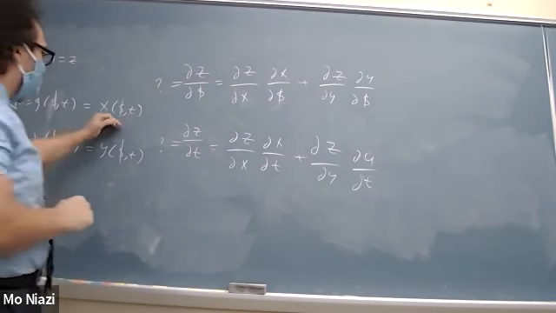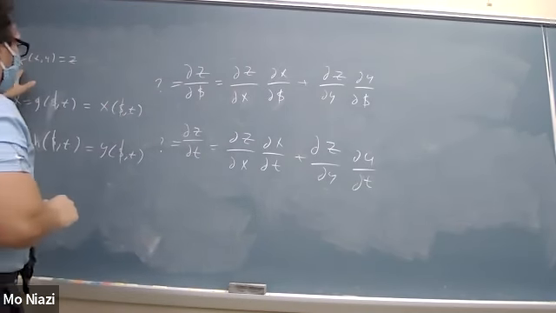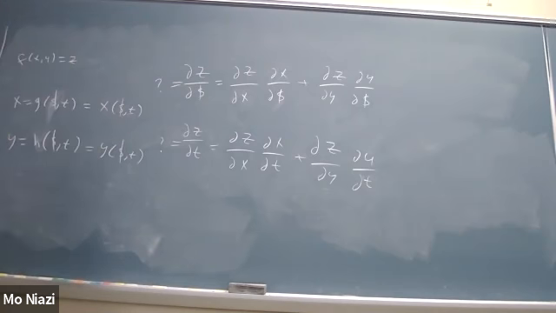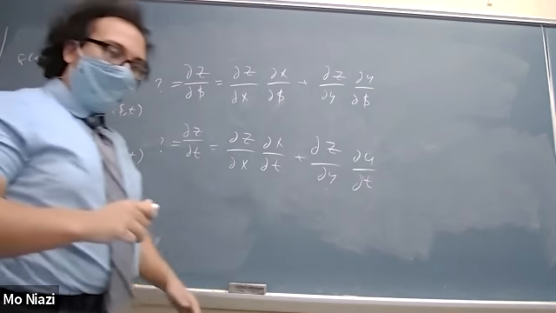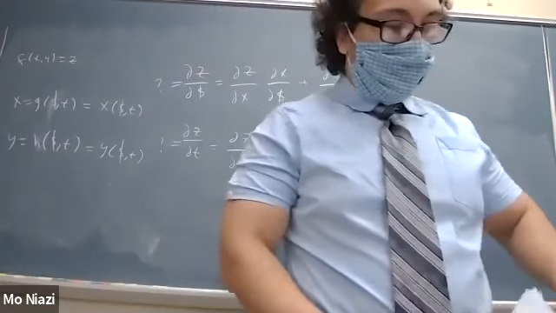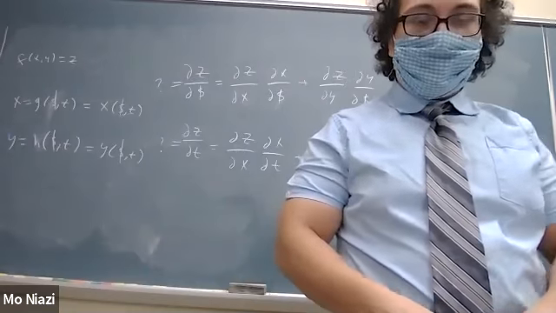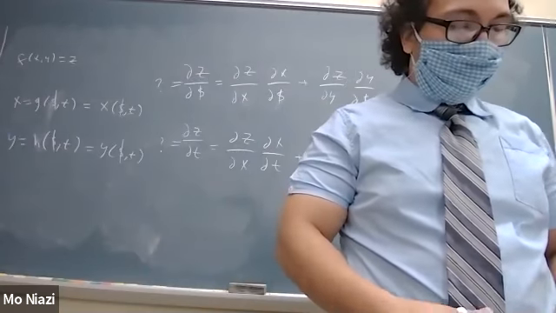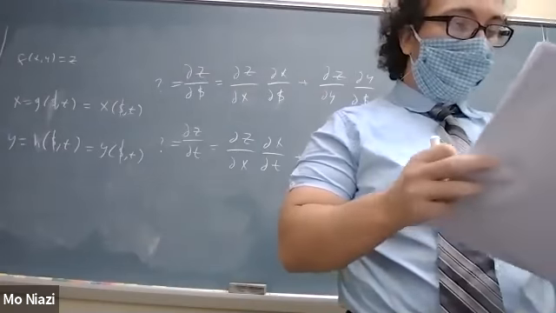So just know if your function z, f of x, y, where x and y are functions of two variables, now you get two possible chain rules here.